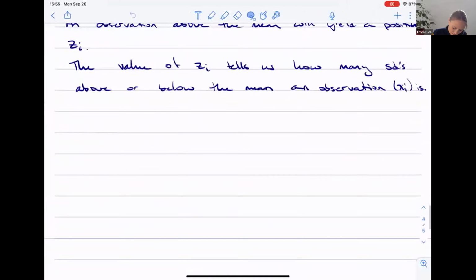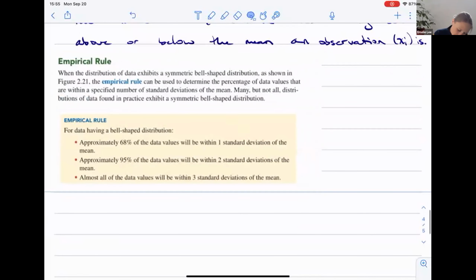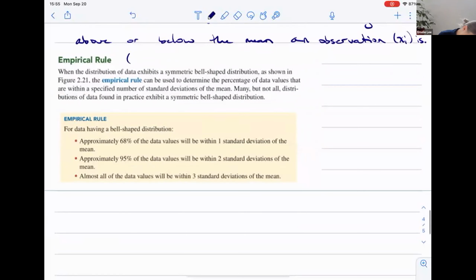The empirical rule is just the 68, 95, 99.7 rule. I guess they're percentages. But here we're fancy, so we're going to call it the empirical rule.